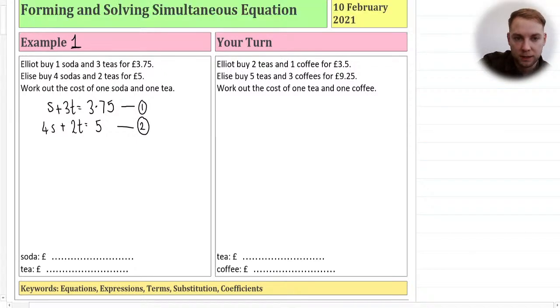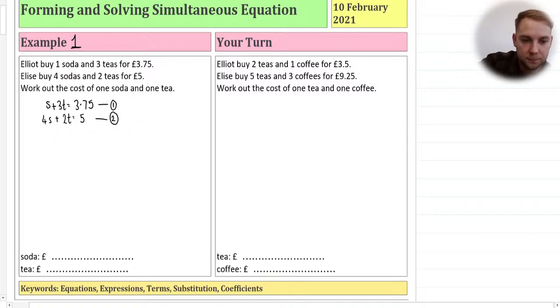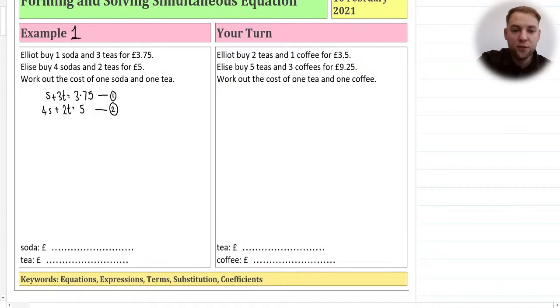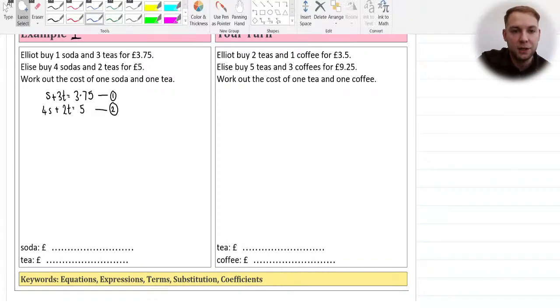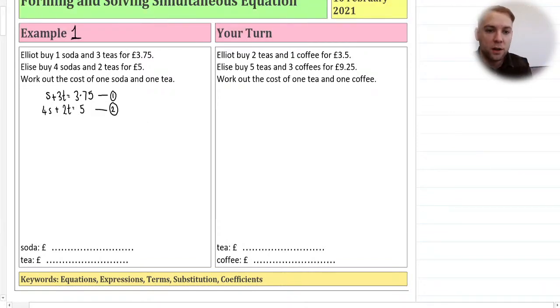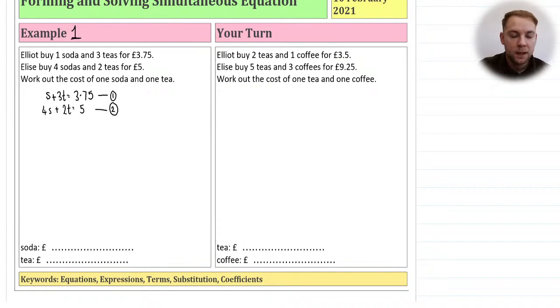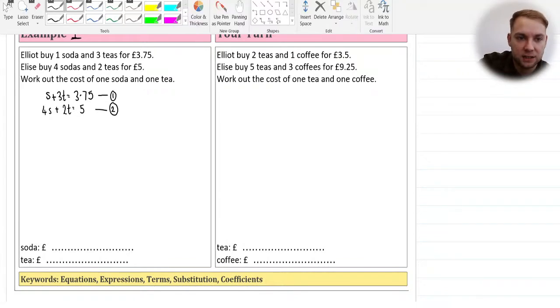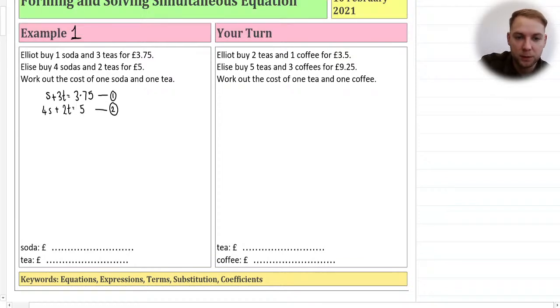And then we need to solve them like we would normally to try and find s and try and find t. So the first question we have to ask ourselves, like normal, is which one of these equations do I need to multiply to make either s or t the same? Well, we could change both the t's, but I think it's easier to change the s to be 4s, because all we then need to do is times the top one by 4.